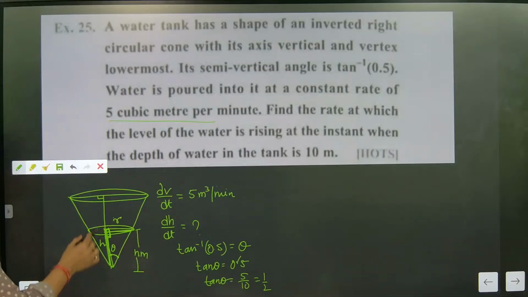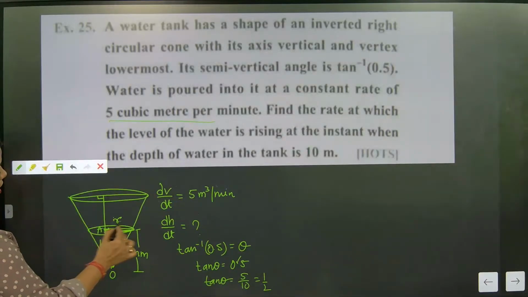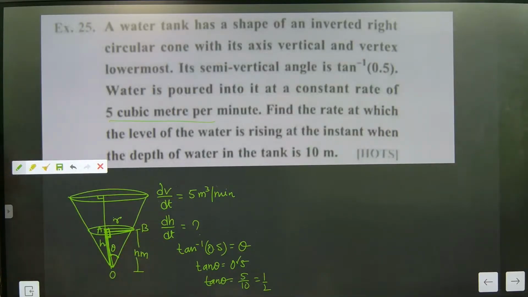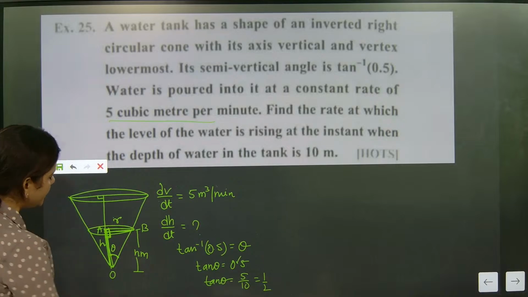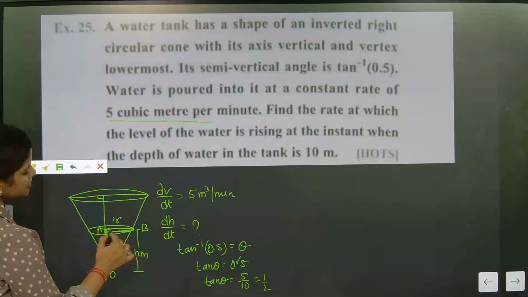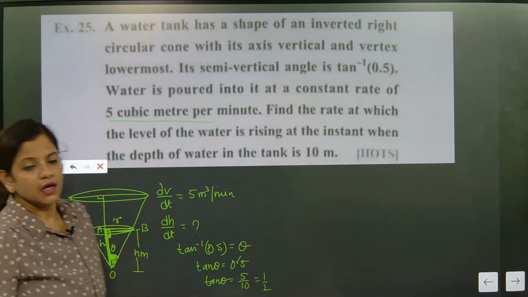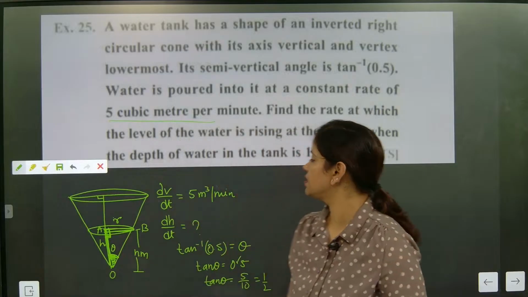When we are taking this triangle and writing it as OAB, this part is theta and this is exactly 90 degrees. This is perpendicular and base.